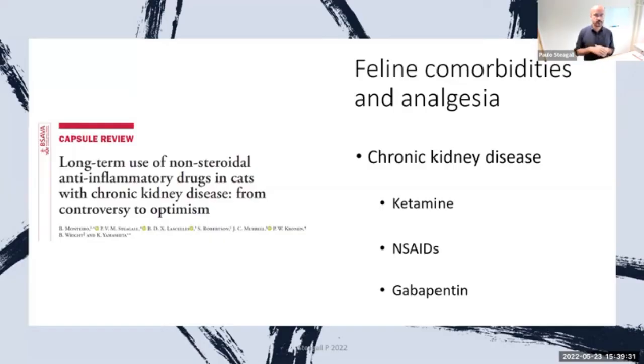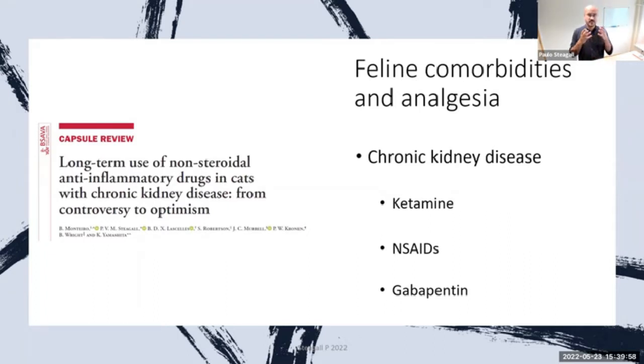Another consideration is the presence of comorbidities that must be considered in the treatment of pain. In the guidelines, we took a little bit of a highlight into chronic kidney disease, as we have to consider that as many as 40% of cats over 10 years of age have chronic kidney disease, or CKD.